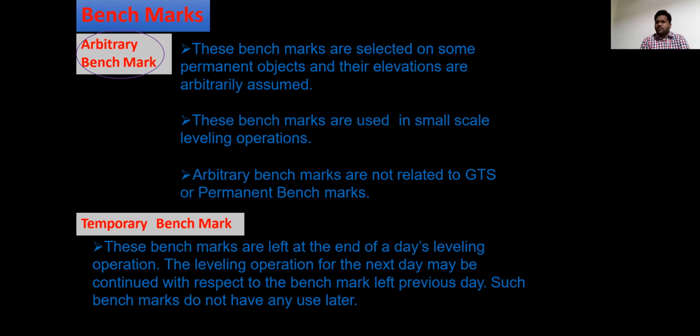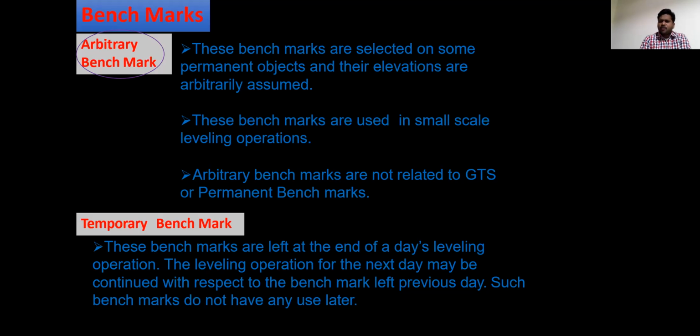See, what happens is, if I want to conduct a survey where I did not get any benchmark and there is no fixed reference to take, according to that reference I can't take these elevations. So there is no permanent benchmark as well as GTS benchmark. So there I need to take this arbitrary benchmark.